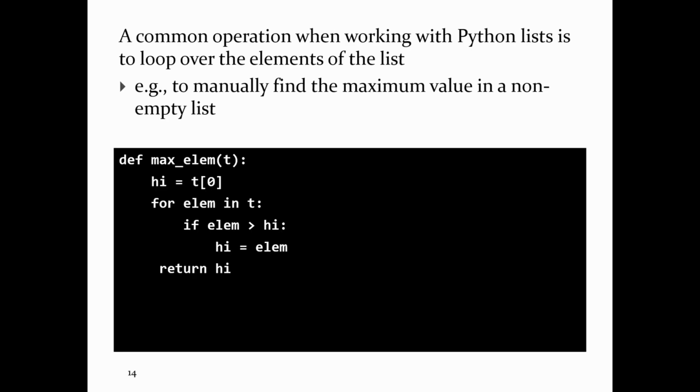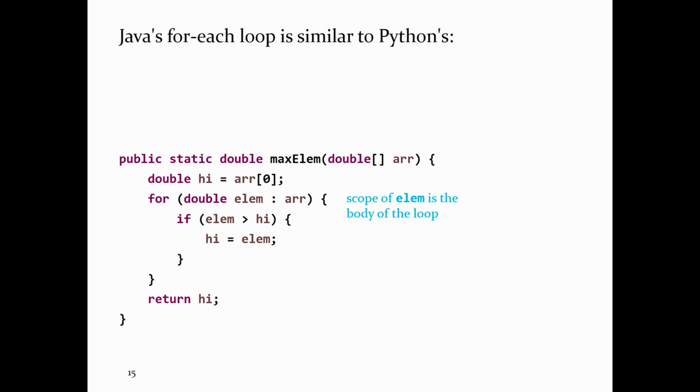And now instead of elem in T, you write elem colon arr, and you have to say what the type of the element is. The element type is the same as the element type in the array, so double goes here. Elem is just a variable name, so you can call this whatever you want. Instead of in, it's the colon, and then the name of the array in this case. Everything else is the same except translating Python to Java. So if elem is greater than high, high is equal to elem, and then after the end, return high.